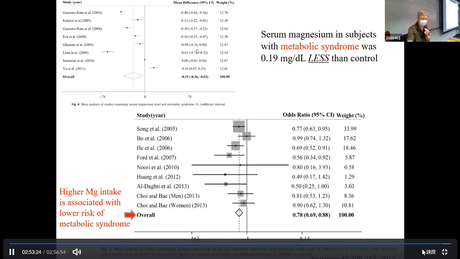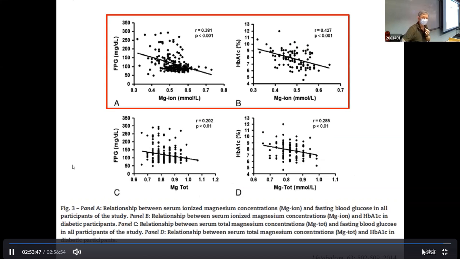This is the observation, and then translated into another issue, the risk of metabolic syndrome. Higher magnesium intake is associated with lower risk of metabolic syndrome. Again, this is the forest plot for that. Now, if you look at another study looking into magnesium ion and fasting blood glucose, FPG stands for fasting plasma glucose, and HbA1c.